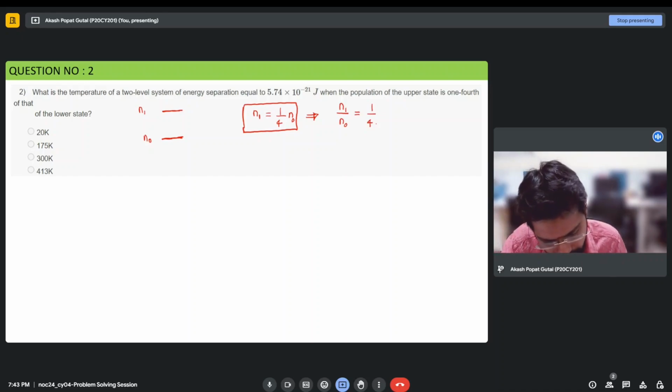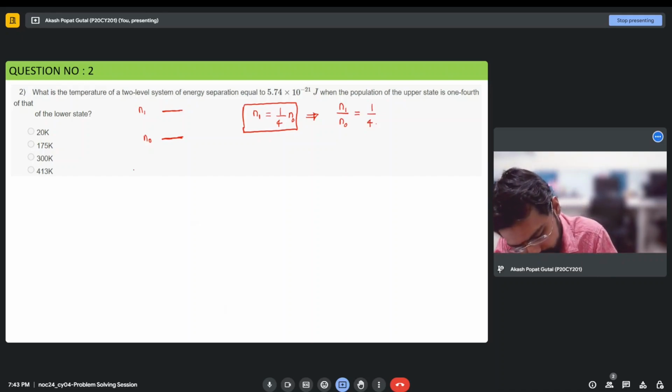We have the equation for the ith level: the distribution or fraction of particles, where N is the total number of particles.